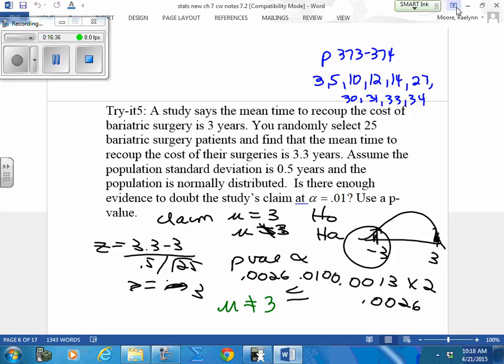Let's go to normal CDF. So we said negative 9 to 9. Negative is different, come on. Negative 3. Sometimes, I don't know, maybe there was something in front of it when we did it before. Sometimes if you don't clear your calculator, something comes out.